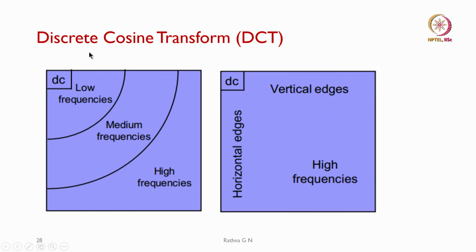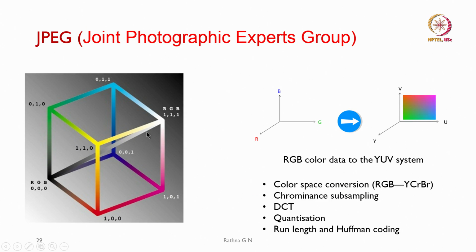We saw how the DC value is going to be maximum in the case of DCT, and where the low, medium and high frequencies are present. Because of our human visual system, we may not be able to view these high frequencies, so we can eliminate them and go for compression. JPEG uses this DCT compression technique.